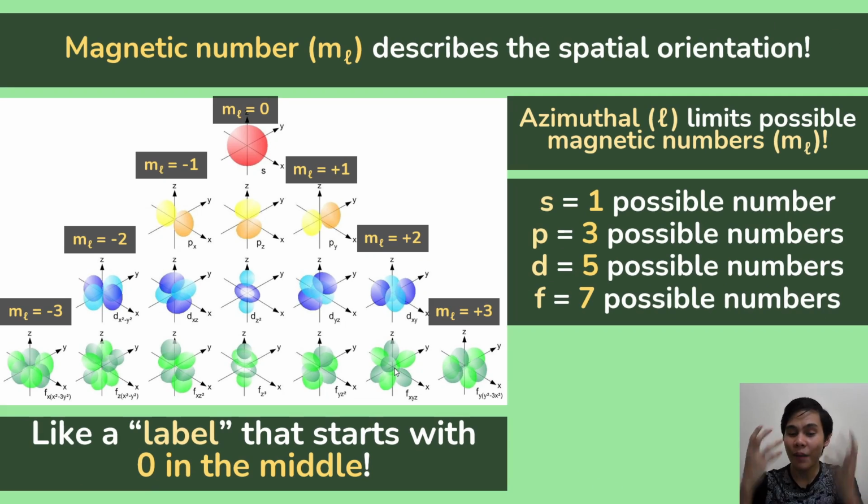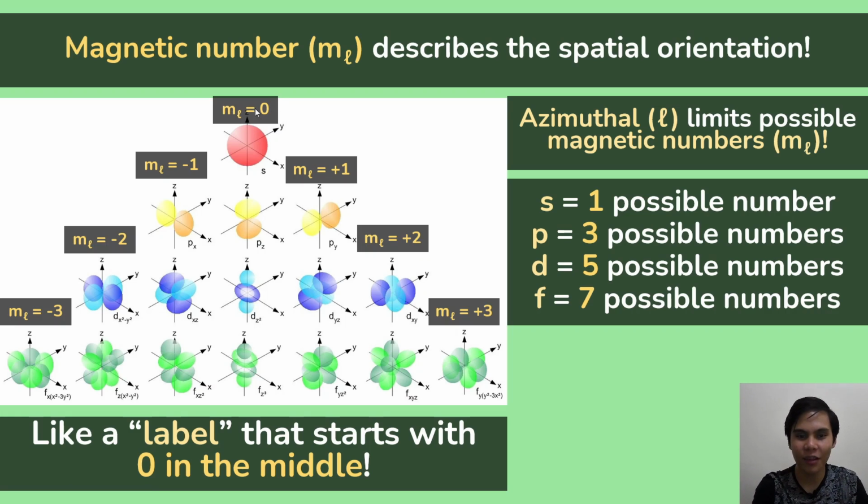But the main point is that the possible magnetic numbers, or the possible orientations in space, are actually in a regular series. So for s shape, there's only one possible orientation in space, which is, it's a sphere. No matter how you manipulate the sphere, it's just a sphere.